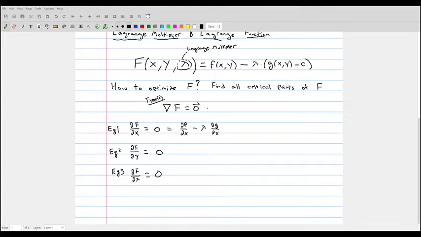It's important to denote here that this gradient of capital F means the partial derivative with respect to x, the partial derivative with respect to y, and the partial derivative with respect to lambda, because this is a function of 3 variables. So we have that this has to be equal to 0.